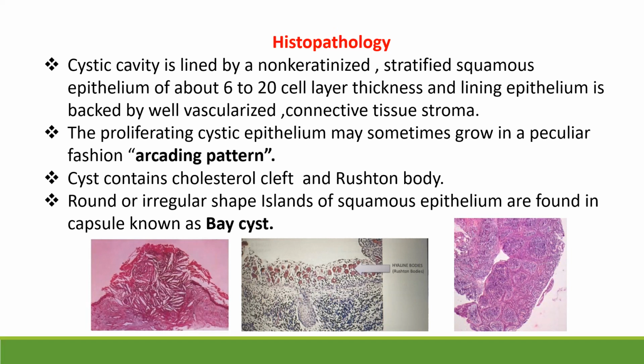The proliferating cystic epithelium may sometimes grow in a peculiar fashion known as the arcading pattern. Cyst contains the cholesterol cleft and the Rushton body. Round or irregular shaped island of squamous epithelium found in capsule is known as the bay cyst.